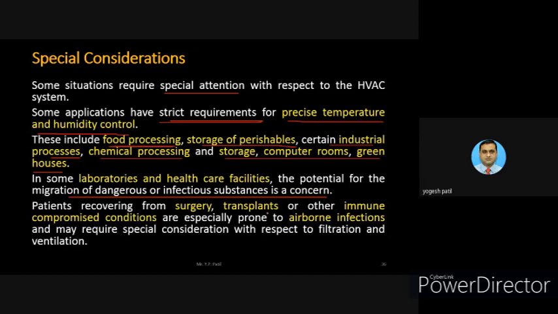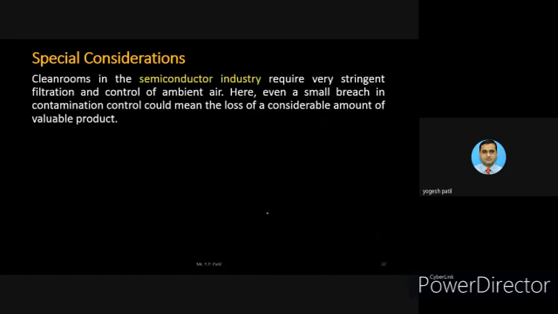So obviously that particular airborne contaminant will be carried through that zone, those particular pipes. So in that zone it is very, very important to provide the filtration and ventilation so that the airborne infection should not be carried to others.